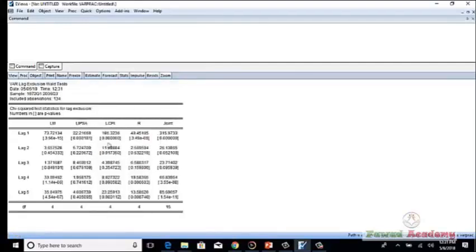Out of the 5 lags, lag 3 is insignificant. This is an F test. So we can remove lag 3 out of these 5 lags. Our actual lags are lag 1, 2, 4, 5, because lag 3 is insignificant, that's why we have removed it from our model.